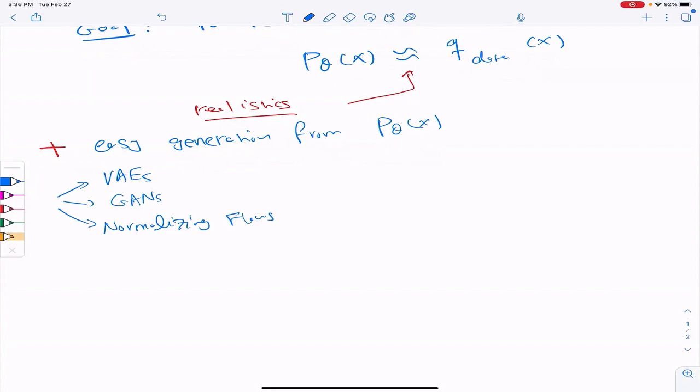In these cases, we formulated X as a function, let's say f theta of Z, where Z is your noise or latent variable.